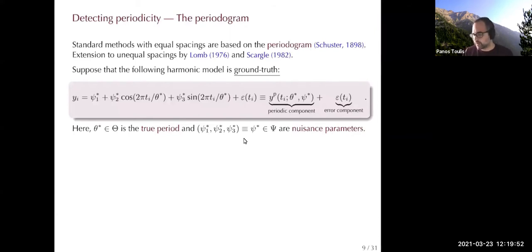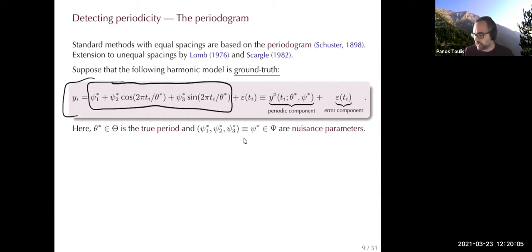So here's how we can describe this periodogram. Suppose that the data satisfy this model. The radial velocity has a regression component that has these periodic components, the cosine and the sine terms. These psi stars are the regression coefficients for these periodic components, and theta star is my unknown parameter.